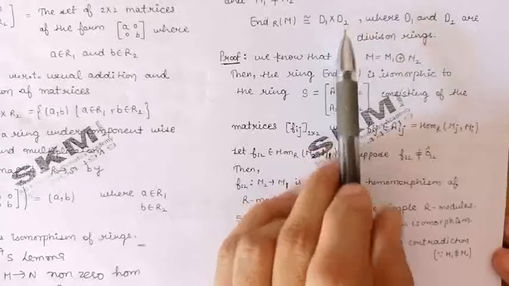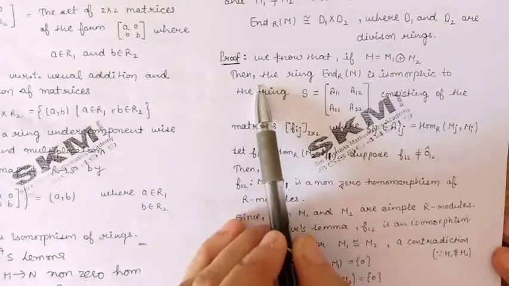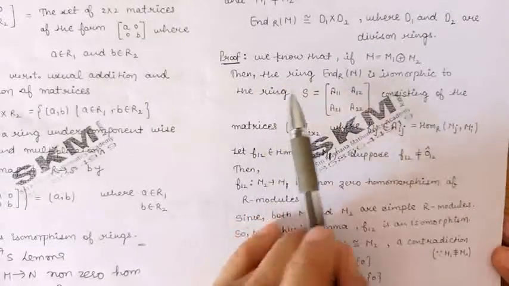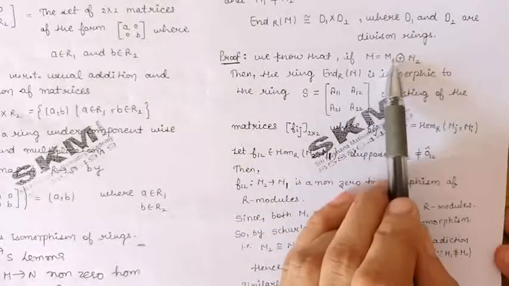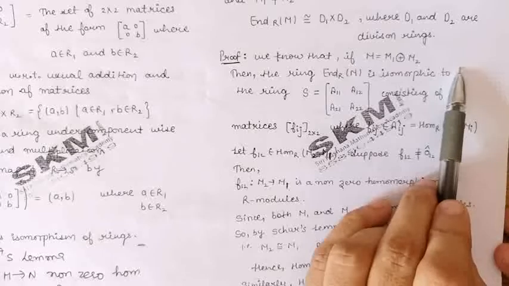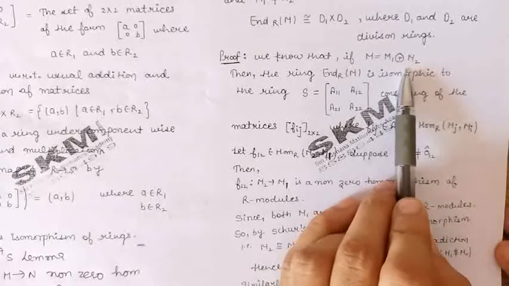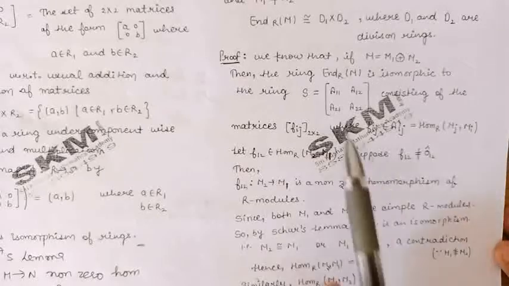So first of all, let us restate the theorem that we discussed yesterday. There we had proved the theorem for n modules M1, M2, M3 up to Mn, and here we have only two modules. So for n equal to 2, let us restate that theorem.